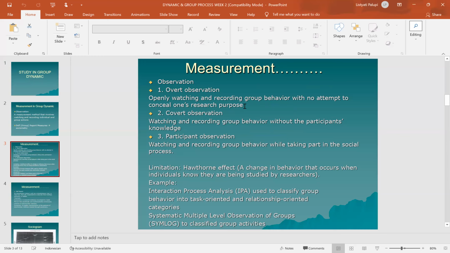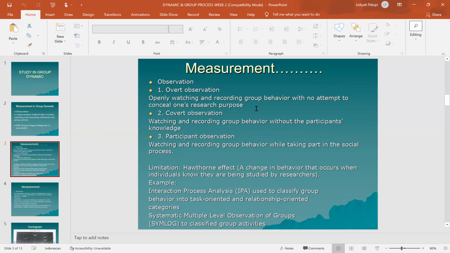That's overt observation. The next type of observation is covert observation. Covert observation involves watching and recording group behavior without the participants' knowledge.